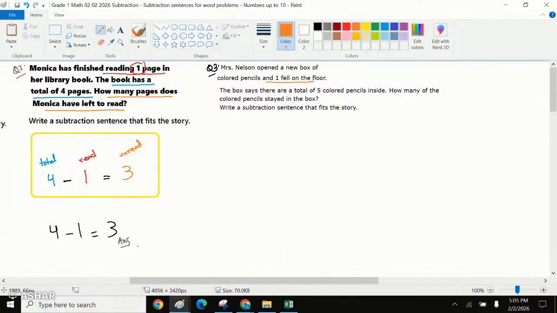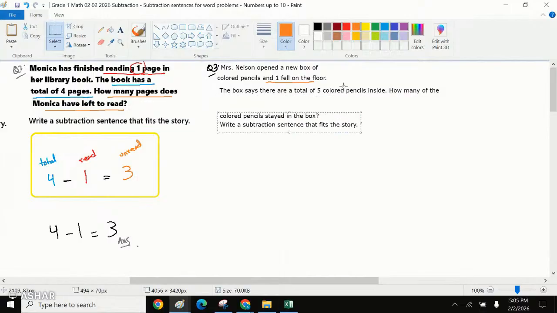One fell on the floor. The box says it has a total of 5 colored pencils. The total was, the box has a total of 5 colored pencils inside. So what we need to do is find how many of the colored pencils stayed in the box, did not fall out.